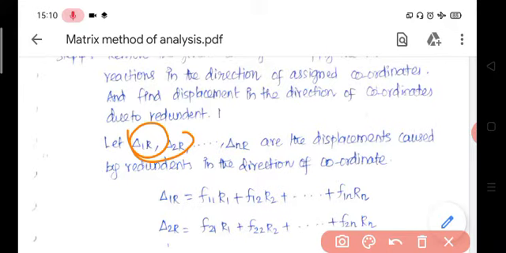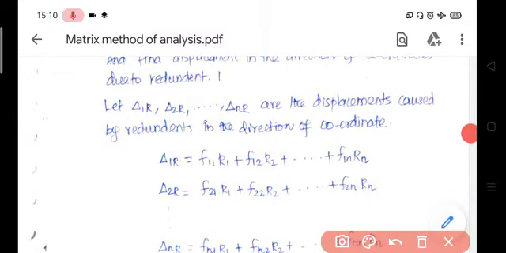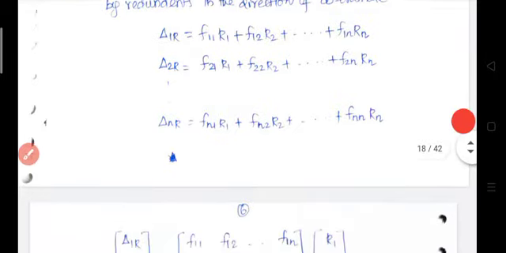Initially we do not know the redundant reactions, so it can be written in the form of flexibility coefficients. So delta 1r equals f11, the flexibility coefficient, into r1 plus f12 into r2 and so on; delta 2r is equal to f21 into r1 plus f22 into r2 plus so on. Like this it goes.